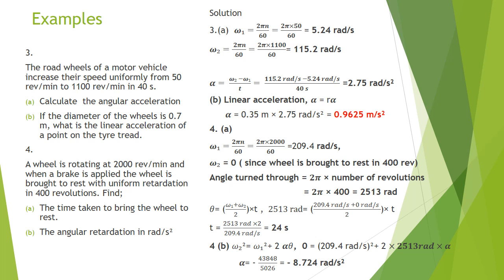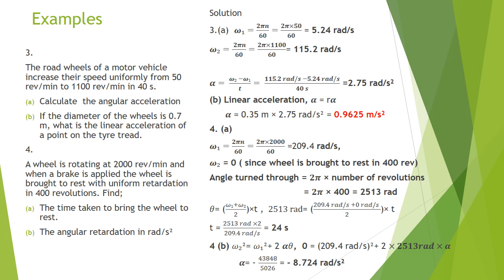Now for part B, we're saying if the diameter of the wheels is 0.7 meter, what is the linear acceleration of the point on the tire? So linear acceleration is equal to radius times the angular acceleration. Radius is 0.35 meters.